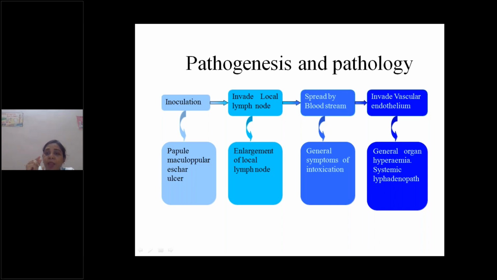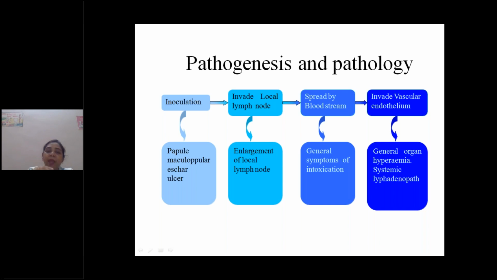It's usually black, surrounded by reddish edema. So at the time of inoculation, at the site where the larva, the chigger, bites you, there is at first a maculopapular rash with eschar formation.